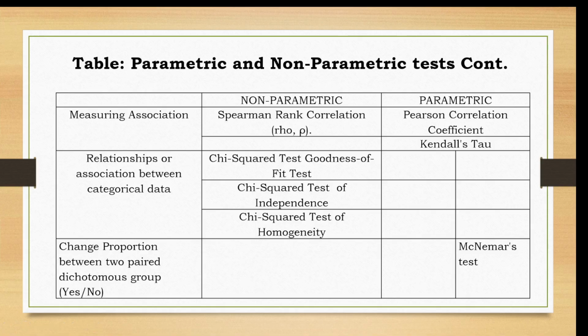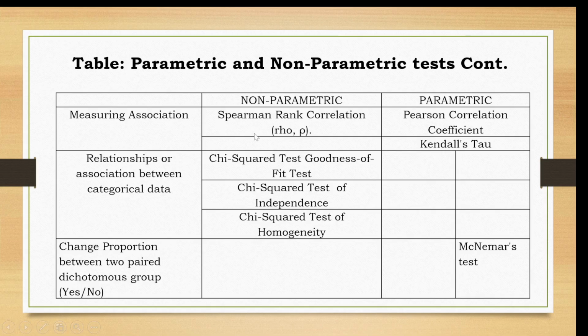Again, for non-parametric tests, you can use the Spearman rank correlation to measure associations, and for the parametric, you can use the Pearson correlation coefficient. All of these measure association, but the difference is whether your data respect the parametric assumption or not.